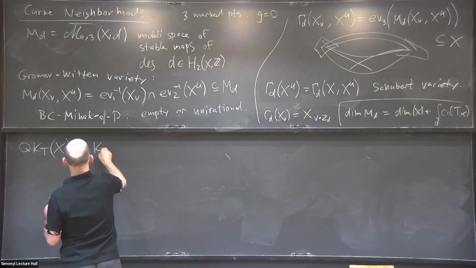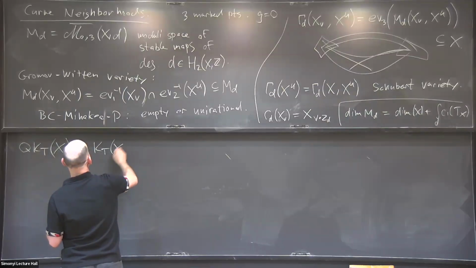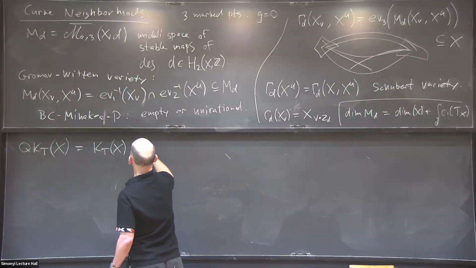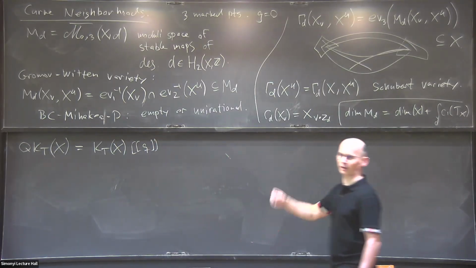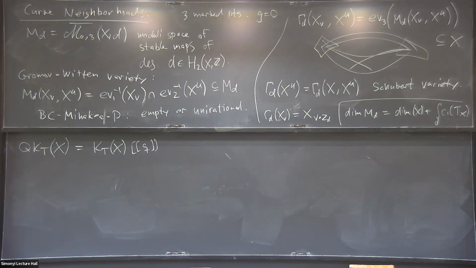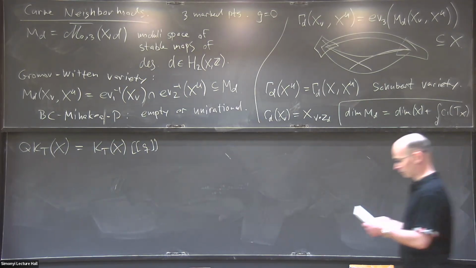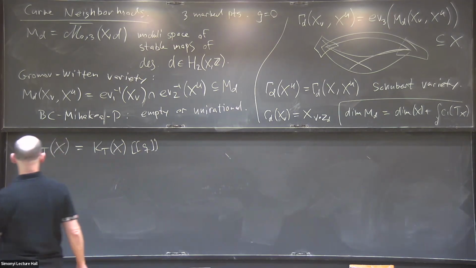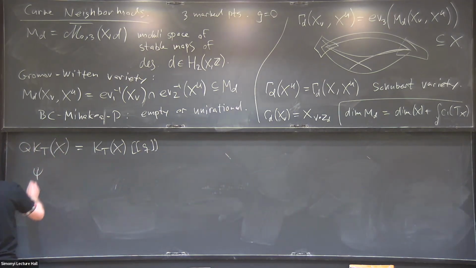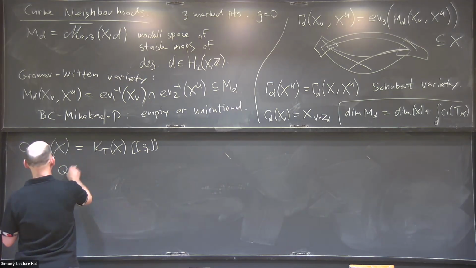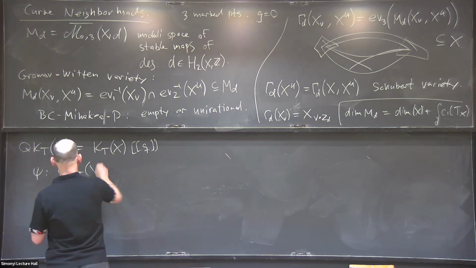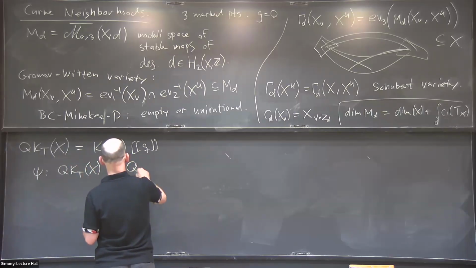This is just the ordinary K theory ring, extended to form a power series ring, but that's only as a group, as a module. The quantum product is defined as follows. We start by making this curve neighborhood operator. So that is a map from power series to power series.